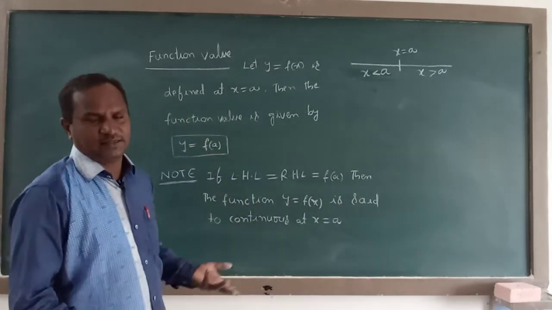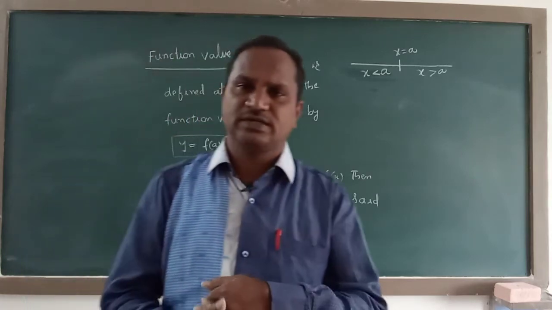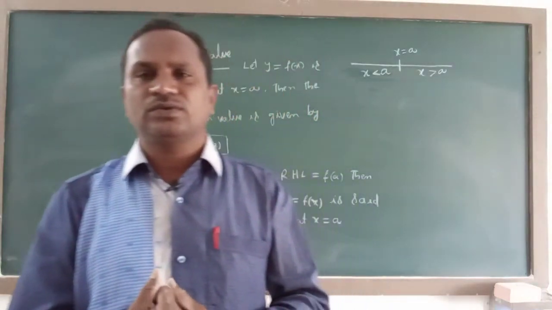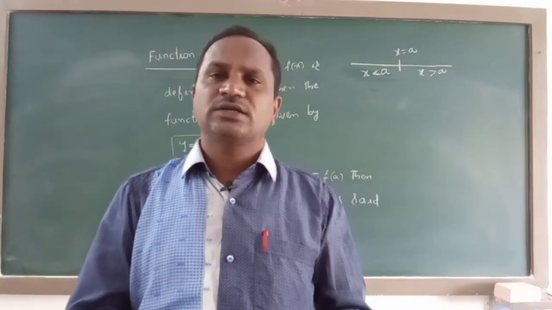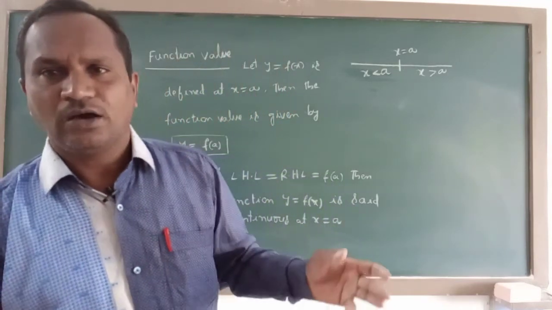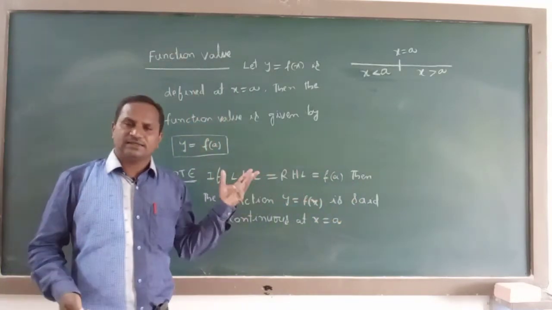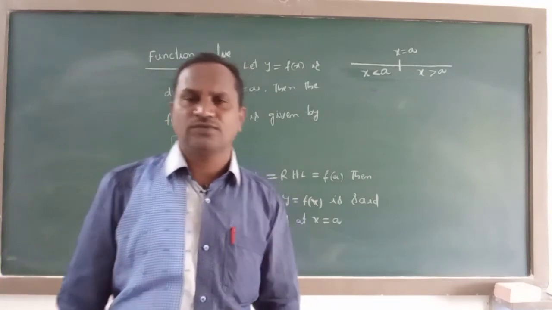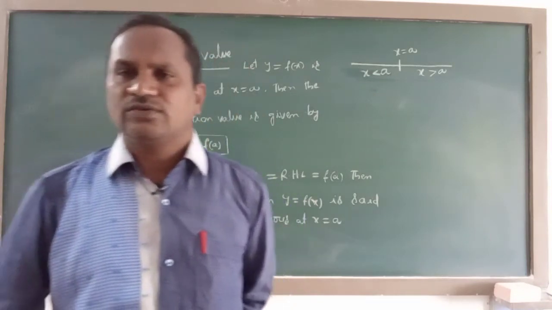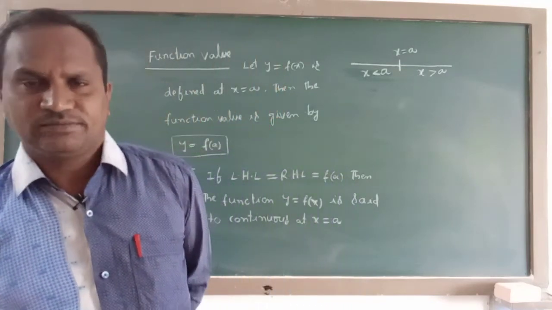Otherwise, it is discontinuous. Any one of the values not being equal means discontinuous. LHL not equal to RHL not equal to f of a means we call it a discontinuous function. Now, we are asking only about continuity, so we must get equality of all these three. LHL is equal to RHL is equal to f of a. Then y is equal to f of x is said to be continuous at x is equal to a.